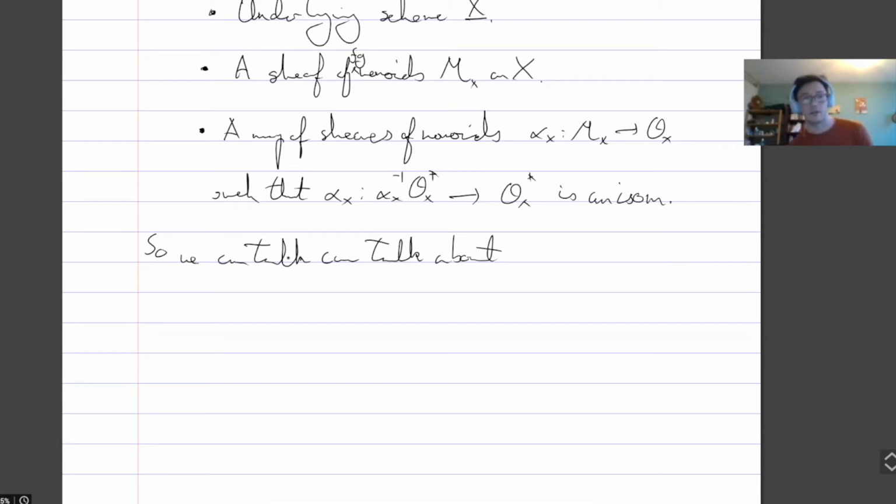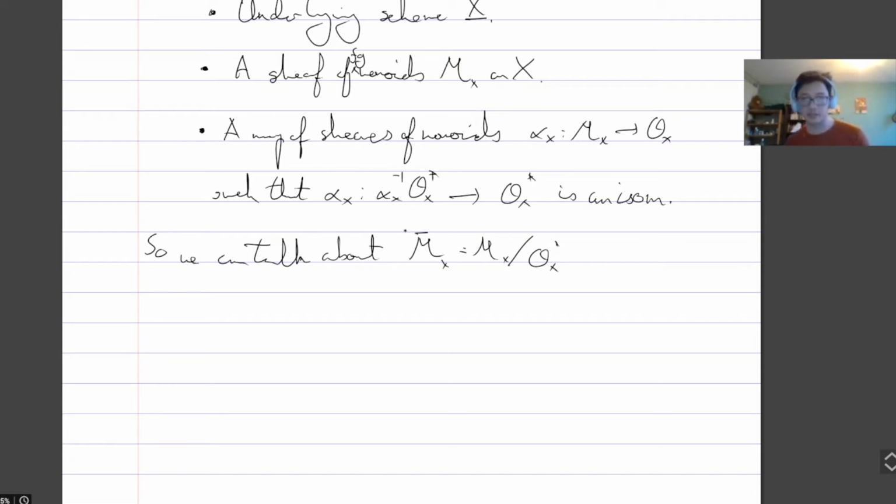So we can talk about another sheaf, which I'm going to write as m bar x, which is mx modulo the image of ox star inside it under this isomorphism.